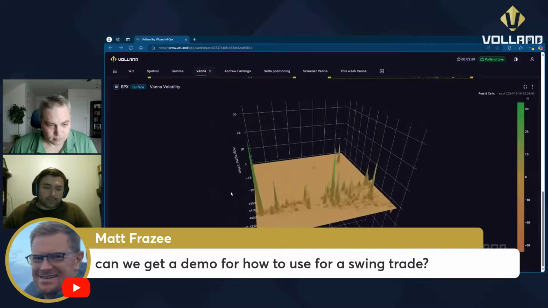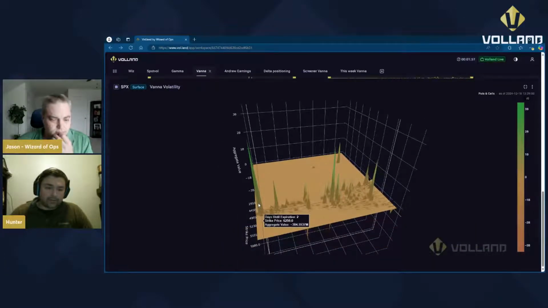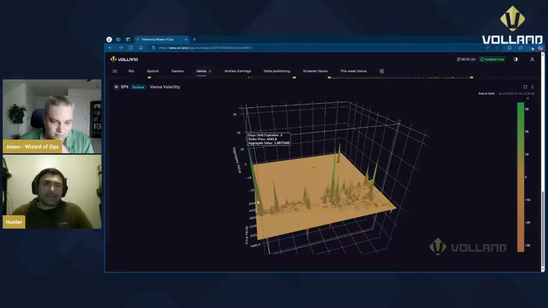A running thesis so far is I don't think anyone's trying to front run an event in positioning yet. I think everyone's waiting to get clarity and a solid decision and then position. And I think a lot of the positioning in those later tenors is just structural.